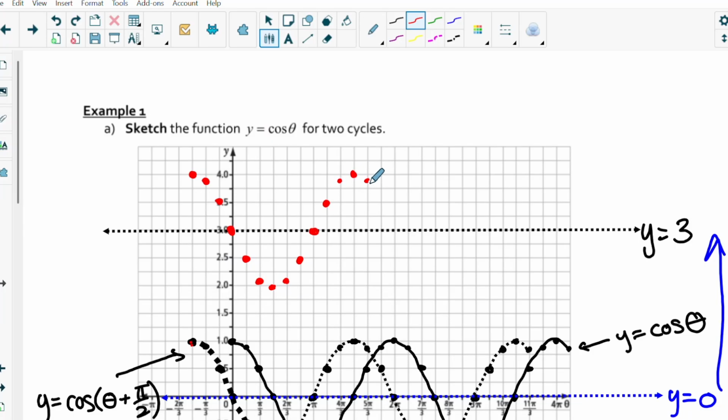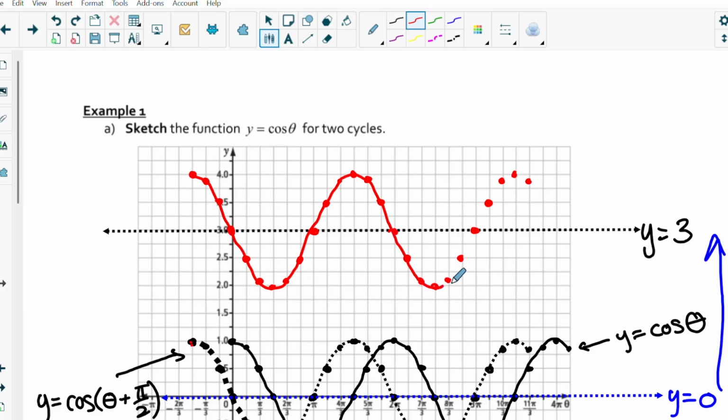There. Right there. Okay, and so on. Okay, so the red graph looks like this.